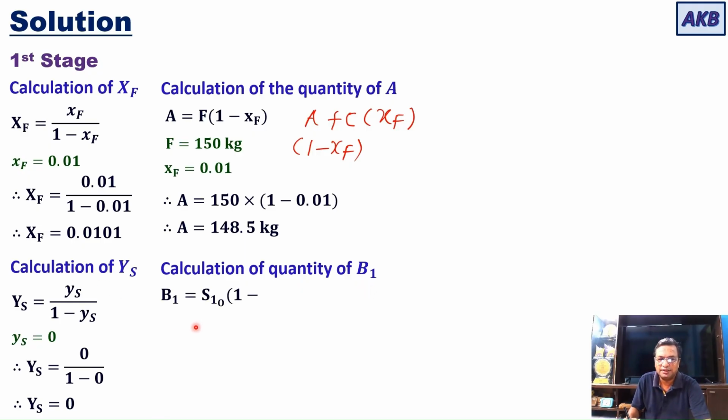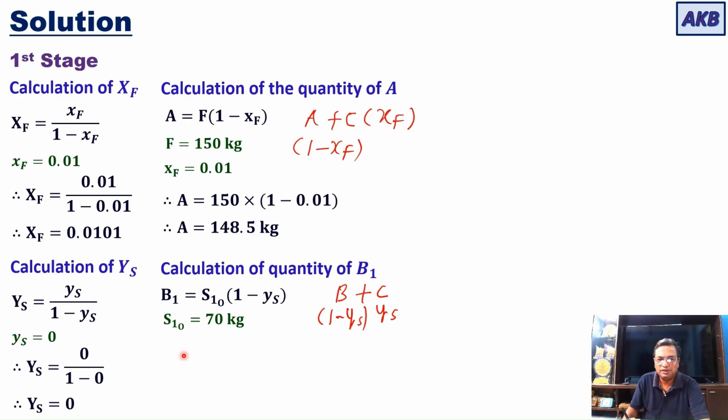Again it is clear, B1 will be equal to S10 into 1 minus Ys, because the solvent contains B and C, and the weight fraction of C is Ys. So obviously, since there are only two components, the weight fraction of B will be 1 minus Ys. But in this case, Ys is 0.